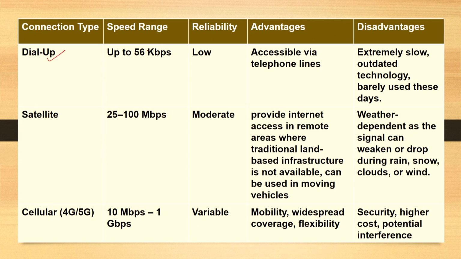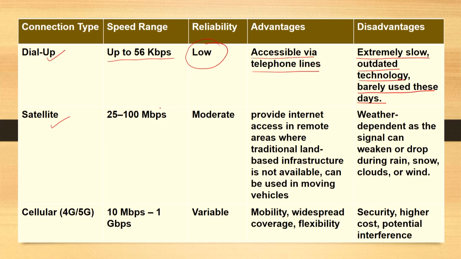Dial-up has a speed of up to 56 kbps, which is very low. Its reliability is also low, and the advantage is that it is accessible by telephone lines, so it's inexpensive, but it has the limitation that it is extremely slow and outdated technology. It is barely used these days. Next connection type is satellite.